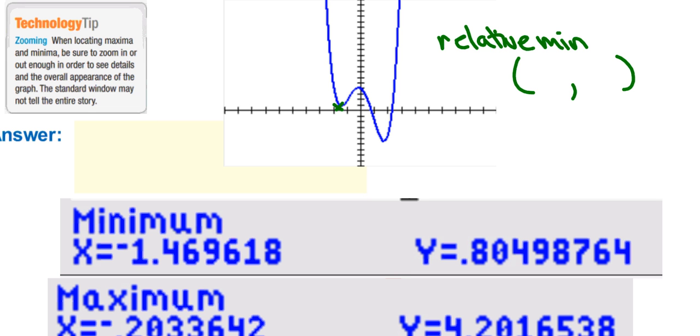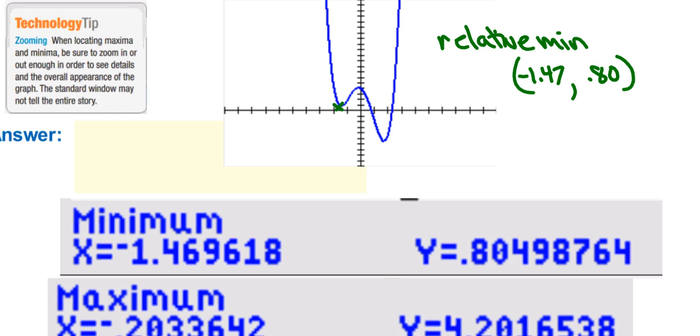No, I want the actual XY value to the nearest hundredth, 2 decimal places. Negative 1.47. And what's the Y value? 0.80. Since we're going to the nearest hundredth, and it wasn't exactly 0.8, we do include that 0.